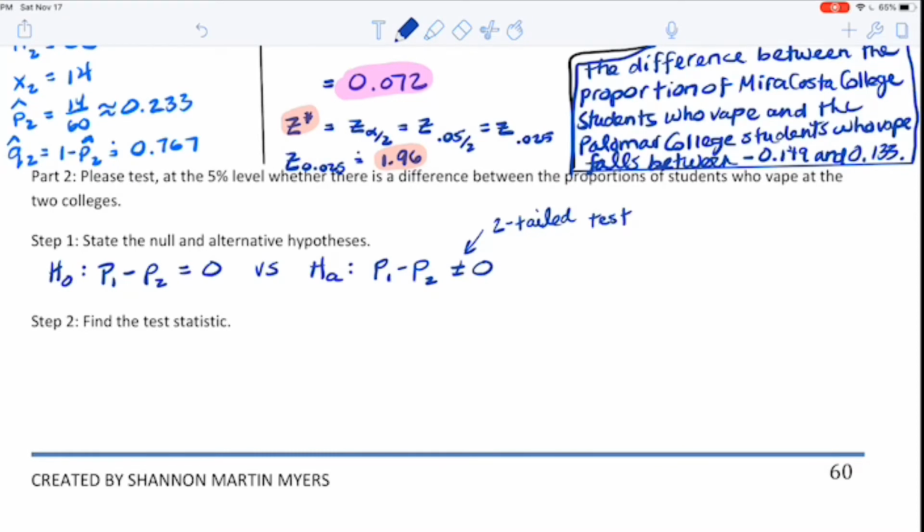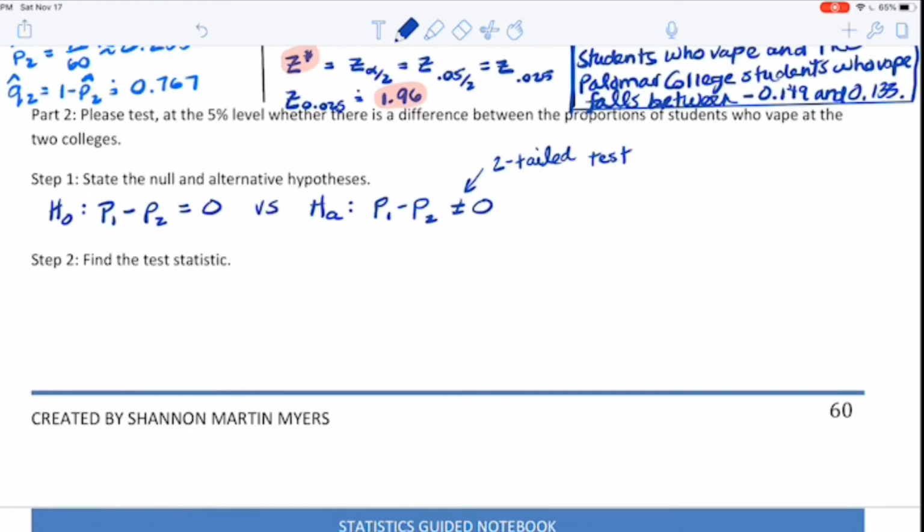All right. So let's go ahead and find the test statistic, because you need the test stat for both the critical value and the p-value methods. So the test stat, remember, the general formula was z equals p hat 1 minus p hat 2 minus 0, because we're assuming p1 minus p2 to be 0, all over the standard error of p hat 1 minus p hat 2.